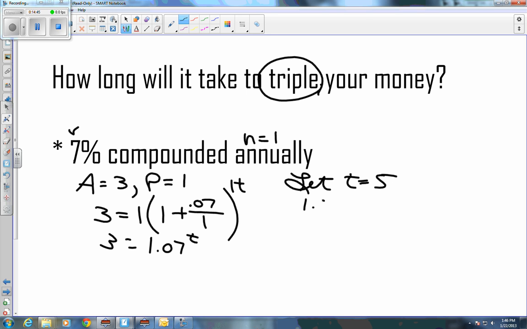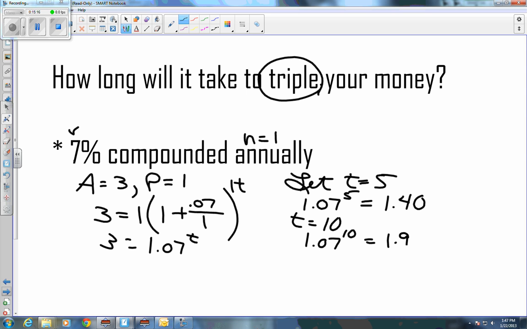We're going to let T equal 5. What does 1.07 to the 5th power equal? 1.40. Okay, we're not even close. Let's try 10. What's 1.07 to the 10? 1.96. Not enough, but we're getting closer.